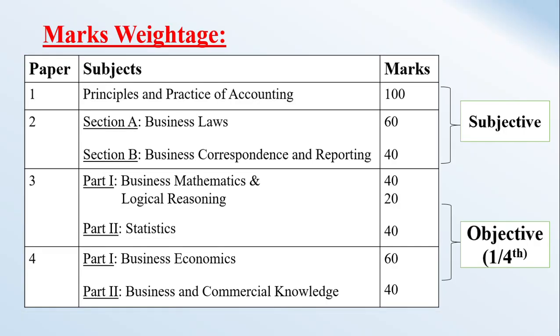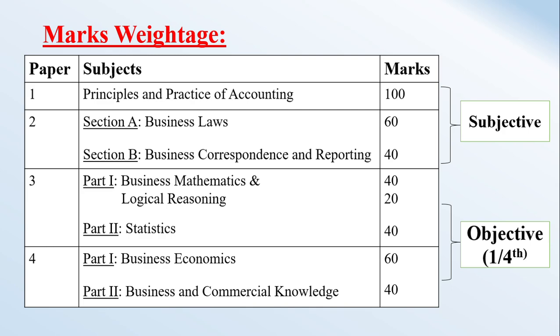Now let us take a look at marks weightage of each paper. Paper 1, that is accounting, which carries 100 marks, and paper 2, which is divided into two sections, business law, which carries 60 marks, and business correspondence and reporting, which carries 40 marks.